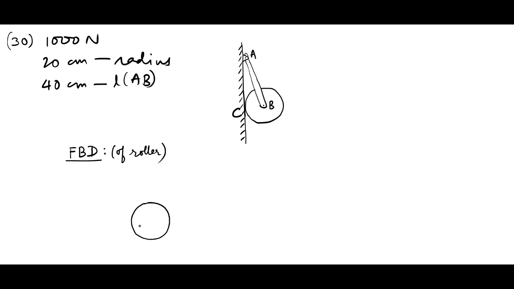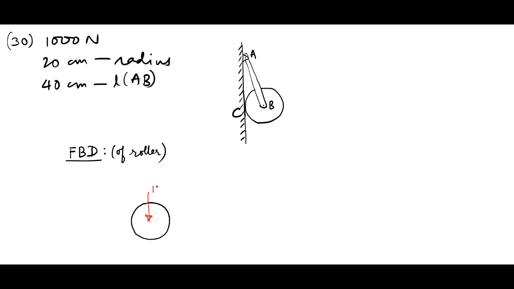So I've drawn the roller, and the forces on the roller are, number one, the weight of the roller. Now that's given to be 1000 newtons, and assuming it's a uniform roller, the weight will act at the center like that.